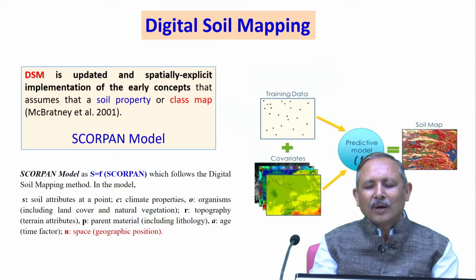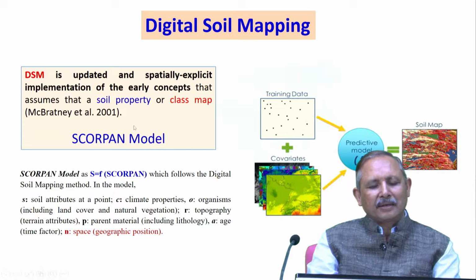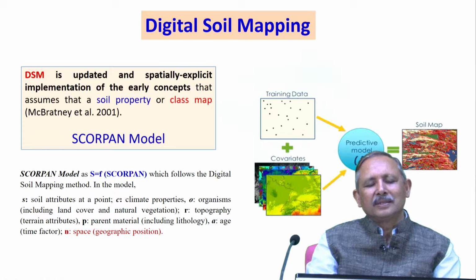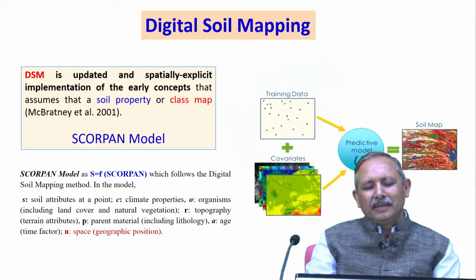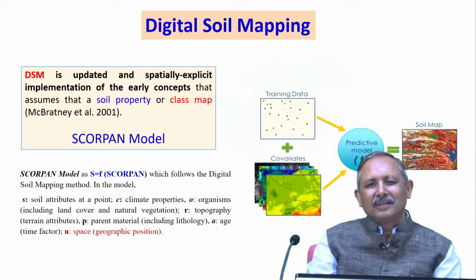Today we are using the digital soil mapping technique for the mapping of soils, but strictly this is not similar to conventional soil mapping. Here we mainly focus on the mapping of soil properties, surface soil properties, and sometimes subsurface, by establishing relationships.